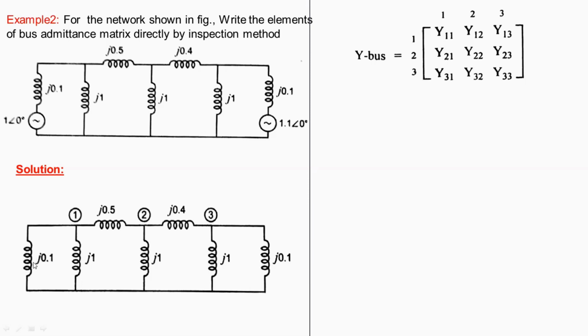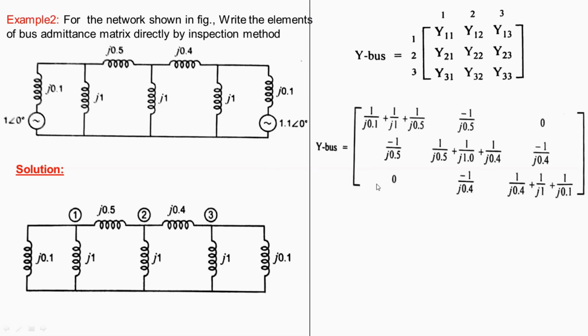Here the sum of admittances: 1 divided by j0.1 plus 1 divided by j1 plus 1 divided by j0.5. That's the admittances connected at bus 1. That is y11.